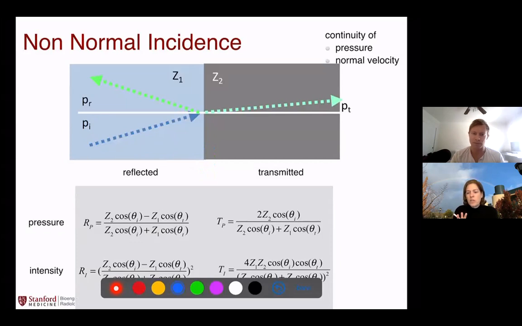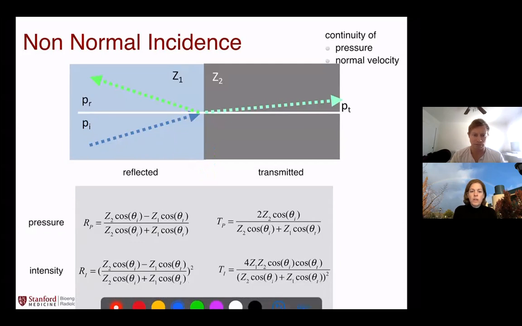So those are our boundary conditions, just to give you an idea where these come from. And then this is showing you what the equations are. A little complicated. Maybe there'll be some homework using the equations.